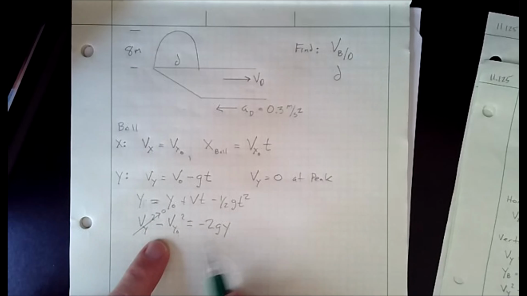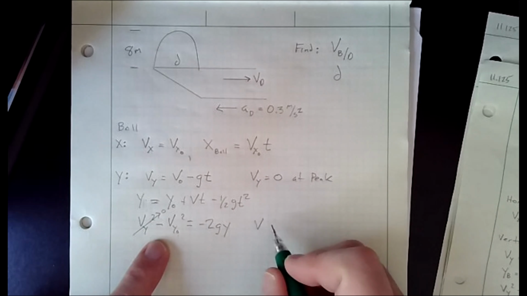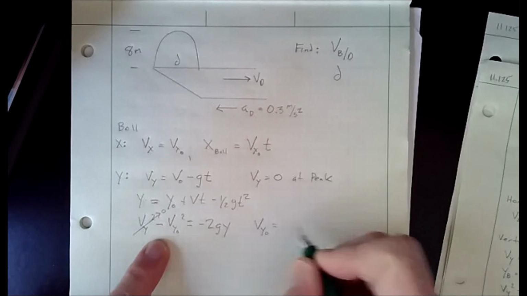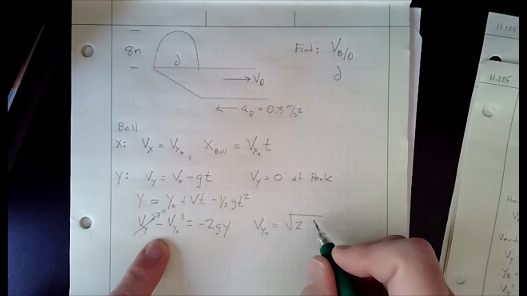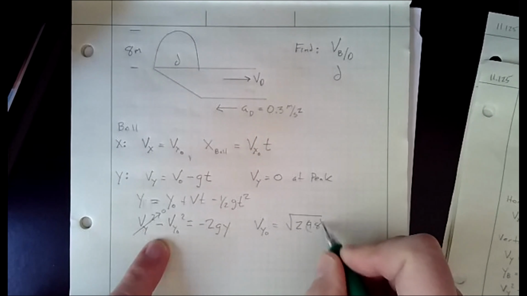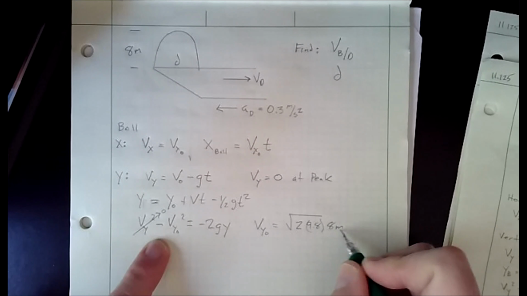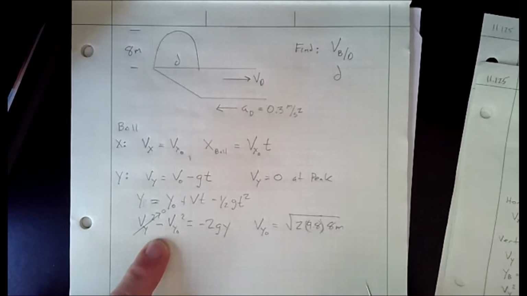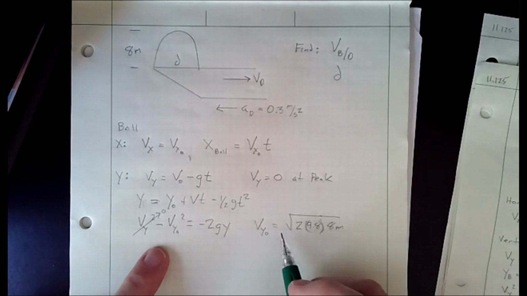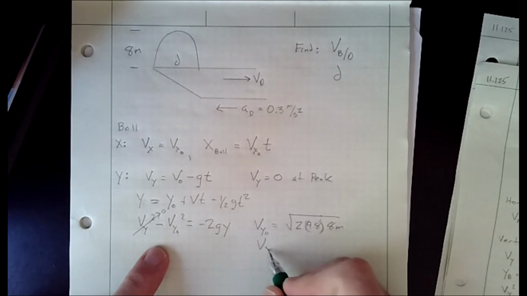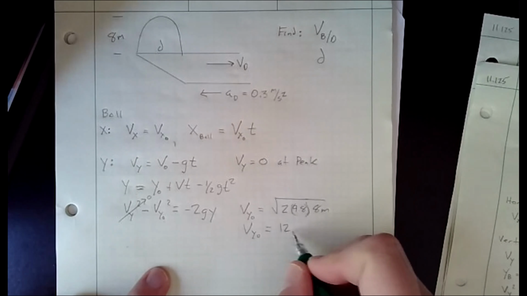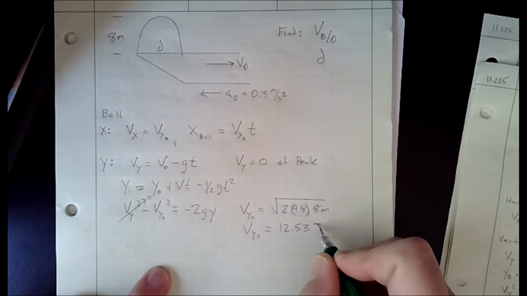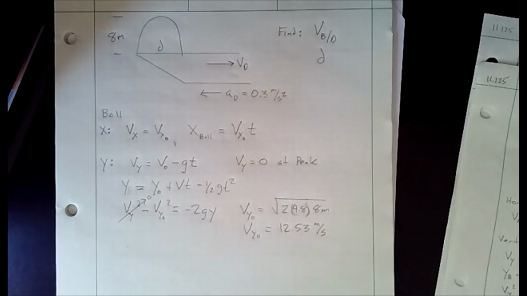What we end up with is the initial velocity in y equals the square root of 2 times 9.8 times the height, 8 meters. That might look familiar from your earlier work. So we end up with an initial velocity in the y of 12.53 meters per second.